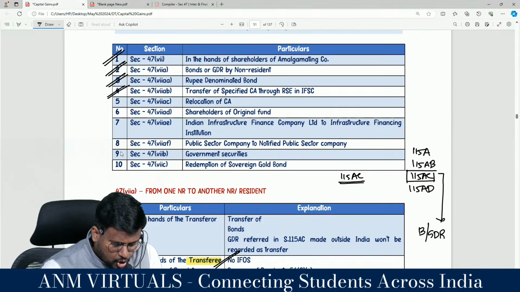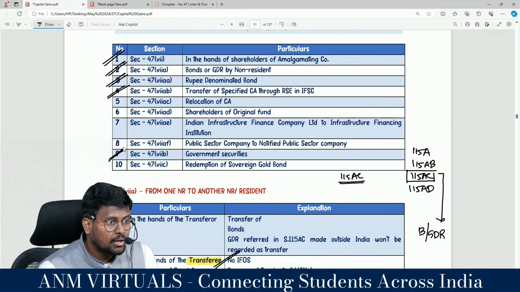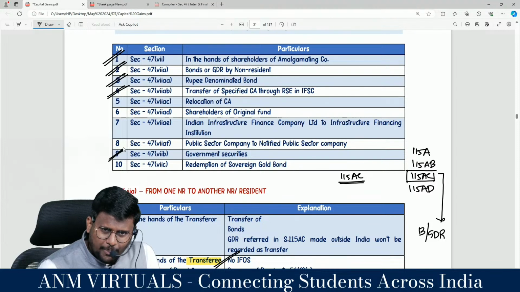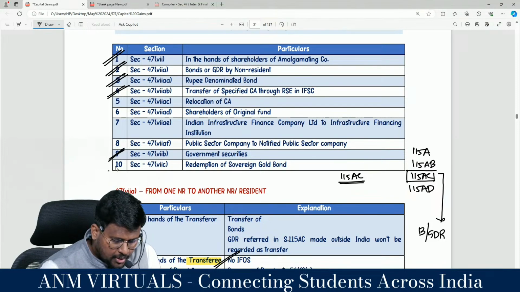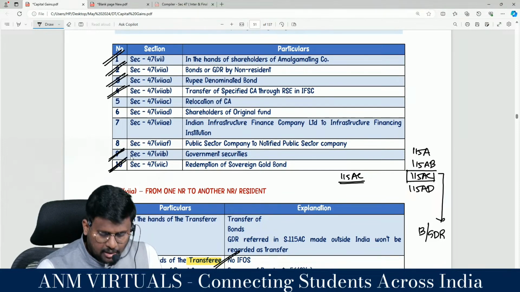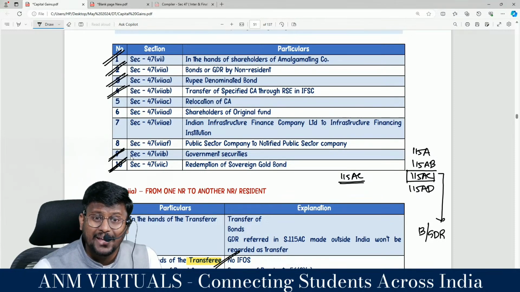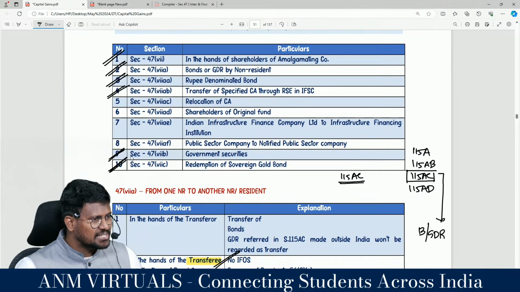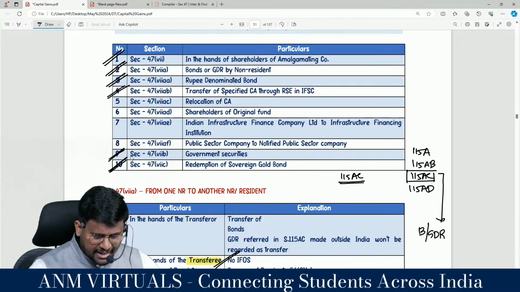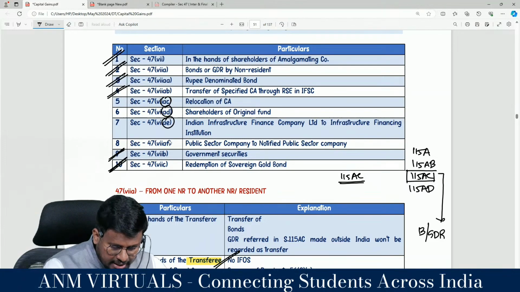Sir, 47 clause 7B: transfer of capital asset being government security by one non-resident. 47 clause 7C: redemption of sovereign gold bond by individual will not be regarded as transfer. Now you have to say like this: EAC, EAD, EAE, EAF.